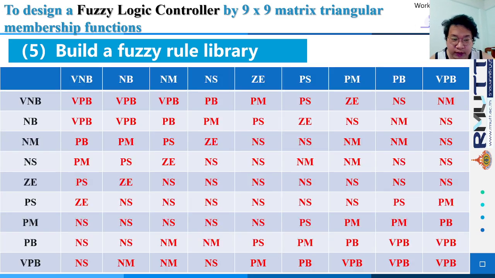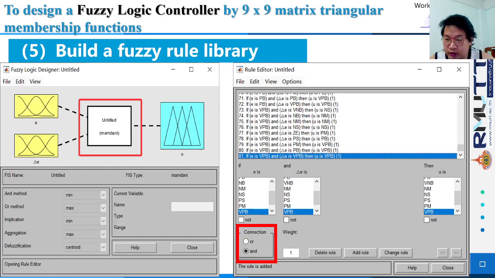And so we can obtain such a 9 times 9 matrix diagram, which can be used for subsequent fuzzy rules formulation, for the evaluation, and for the defuzzification operation to achieve control of the system.